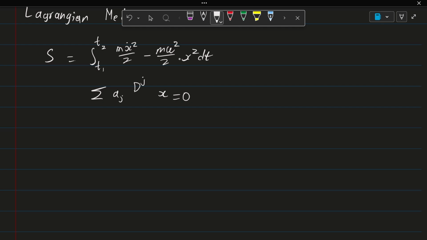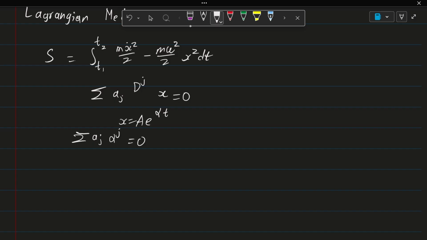Now, almost every differential equation which is homogeneous and has constant coefficients would have a solution in terms of a e to the power of alpha t. So if you put in a e to the power alpha t, you could solve for alpha straight away. It could be written as the sum of a_j alpha to the power of j equals 0.